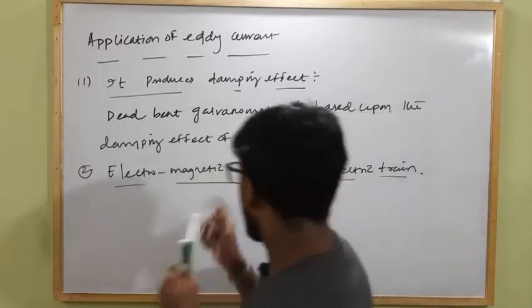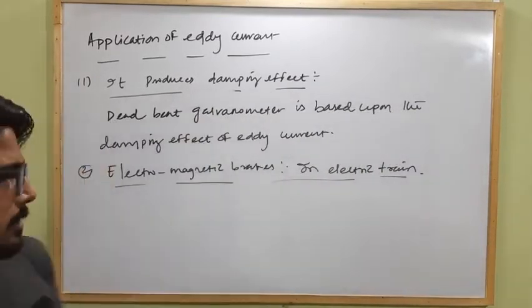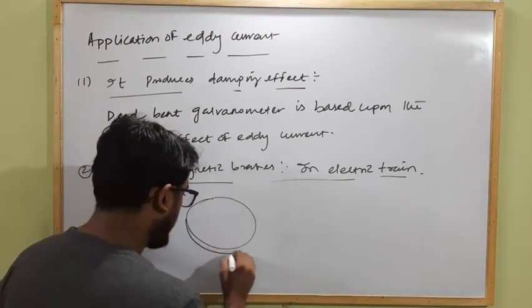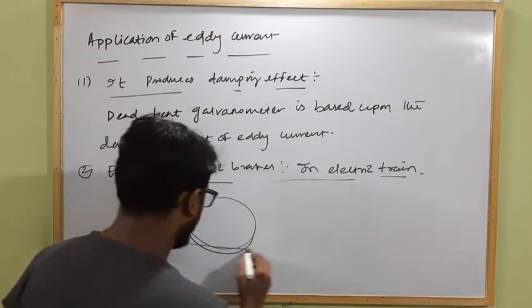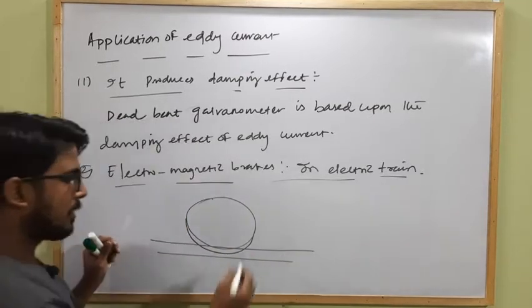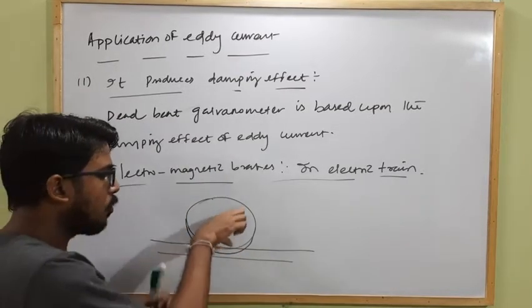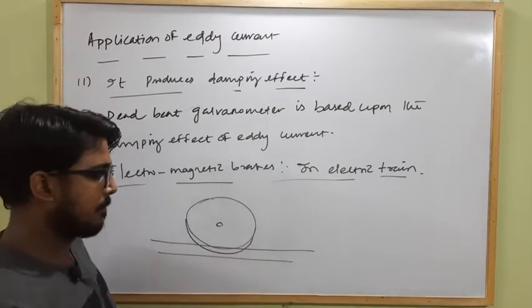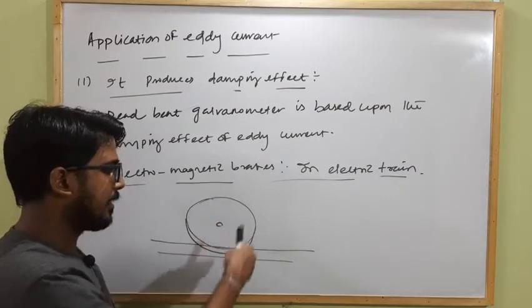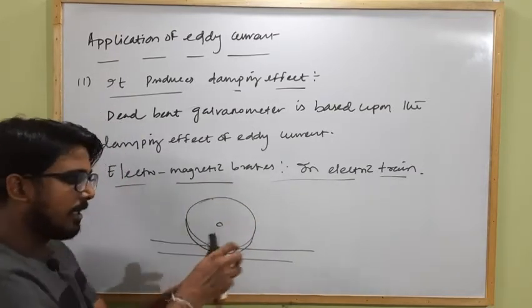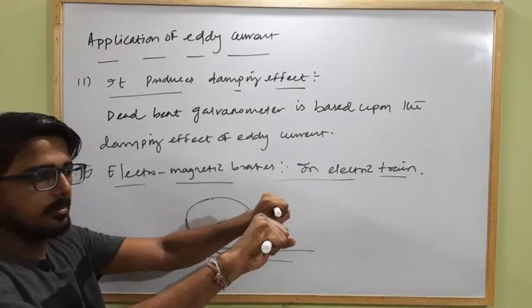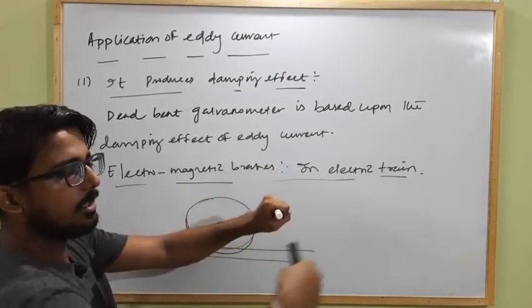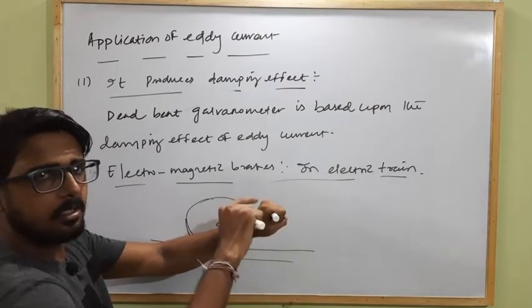How do electromagnetic brakes act? Suppose there is a metallic wheel of the train which is rolling over the rail track, and there are two current carrying coils placed like this. Within the gap, the metallic wheel of the train is rotating constantly.